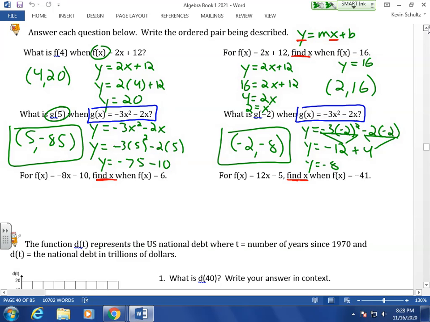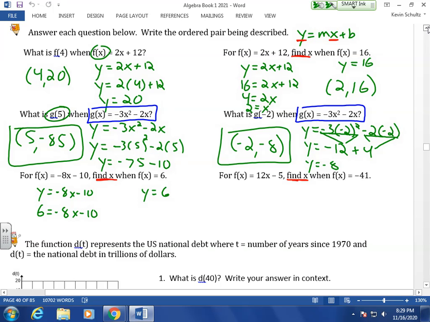Down below, for y equals negative 8x minus 10, find x when y equals 6. Right? Find x when the function equals 6. This is the result. How do we get there? So 6 equals negative 8x minus 10.